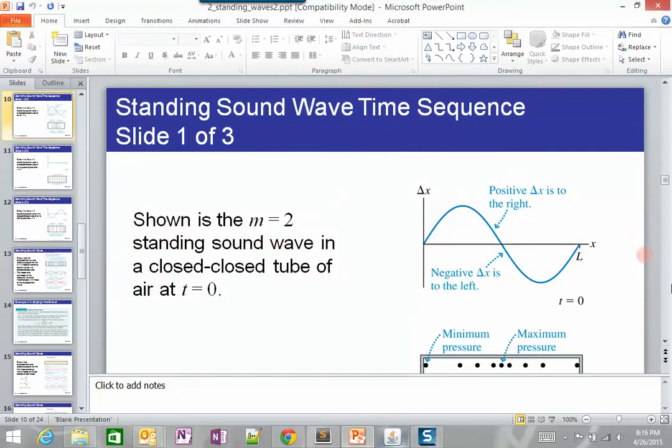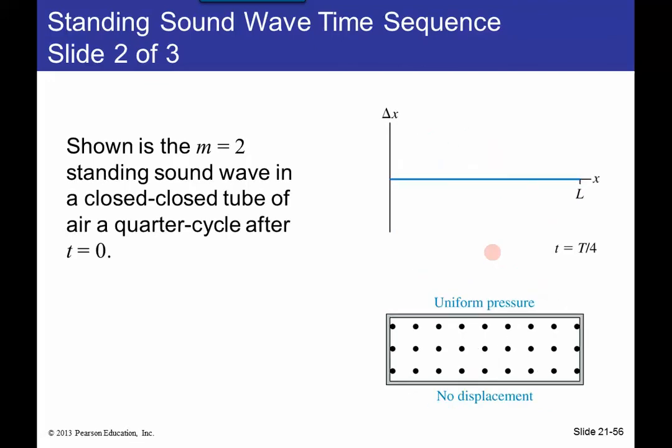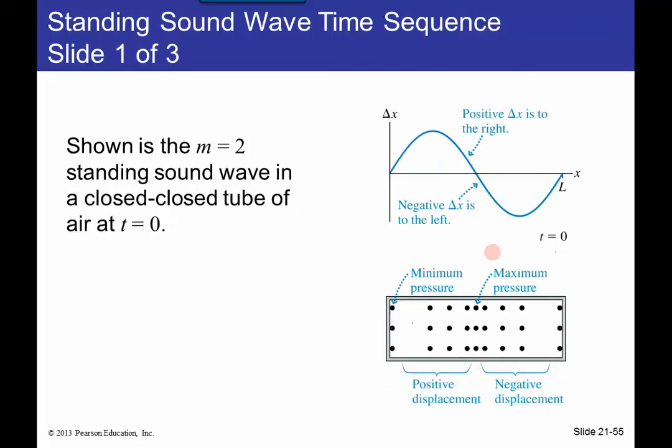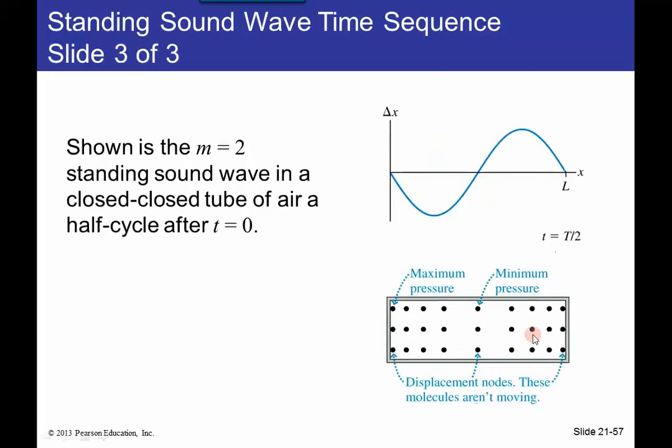So that is your sound wave in a cavity, and here you have m equals 2. This is a time sequence: the first slide, the second one, and the third one. In the first, you have minimum pressure here and maximum pressure in the middle. Then the pressure is uniform and there's no displacement, and again you have maximum pressure and minimum pressure.